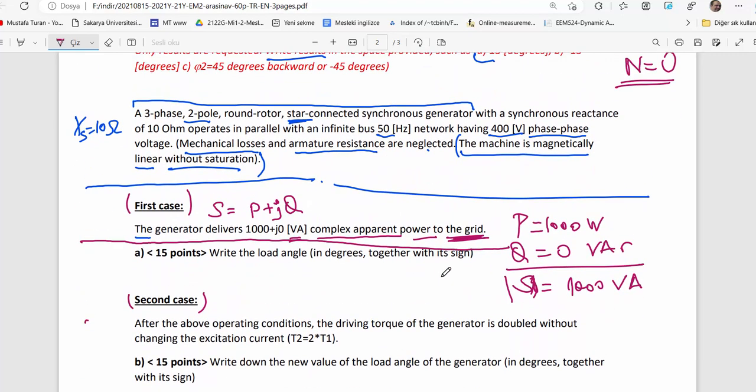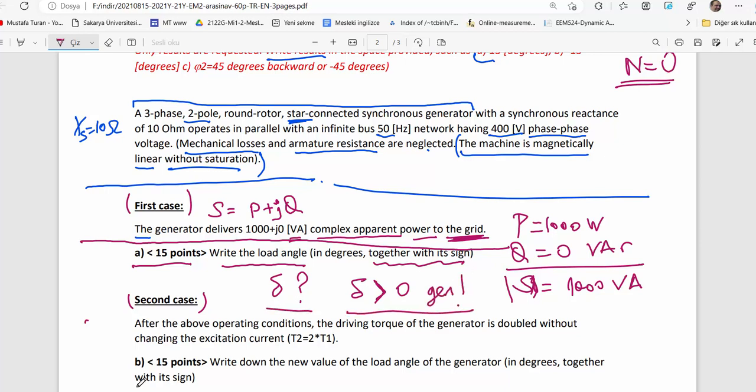Okay. And the question: write the load angle in degrees together with its sign. Its sign must be positive since it is operated as a generator. Let's find it and interpret whether it is positive or negative. Our aim is to find delta, the load angle.